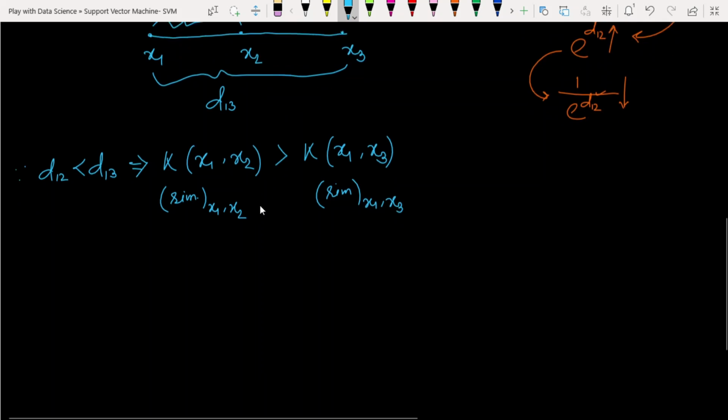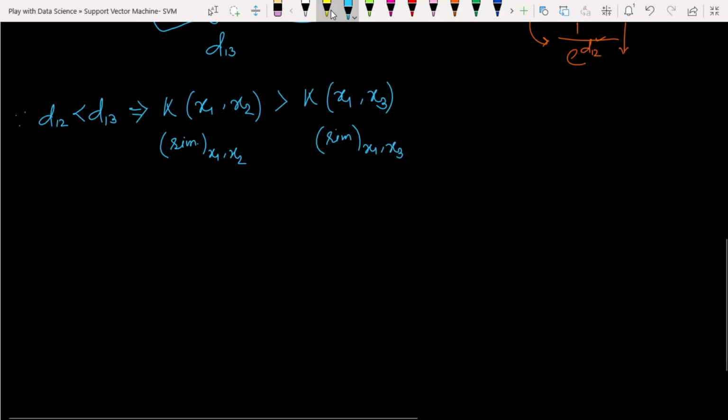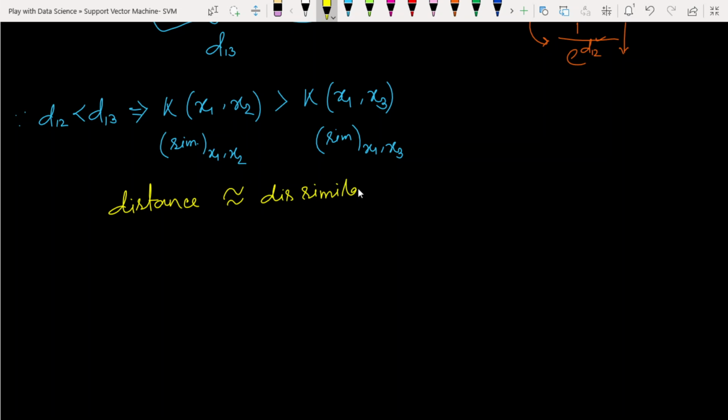So as distance increases, our similarity value decreases. In another language, we call distance equivalent to dissimilarity. It means if our distance increases, then our dissimilarity increases, and this dissimilarity increases means our similarity value decreases.